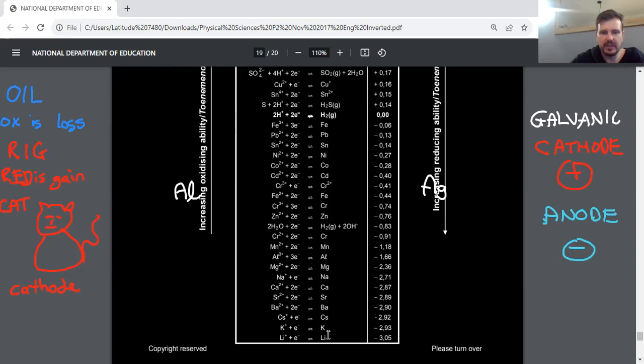Lithium was always the thing that lost electrons, didn't it? Because lithium had one valence electron, it wanted to lose one to become like helium. So the aluminium is oxidized, right?